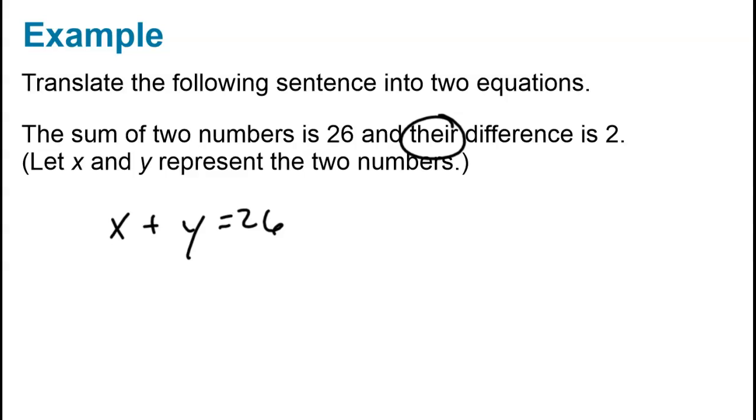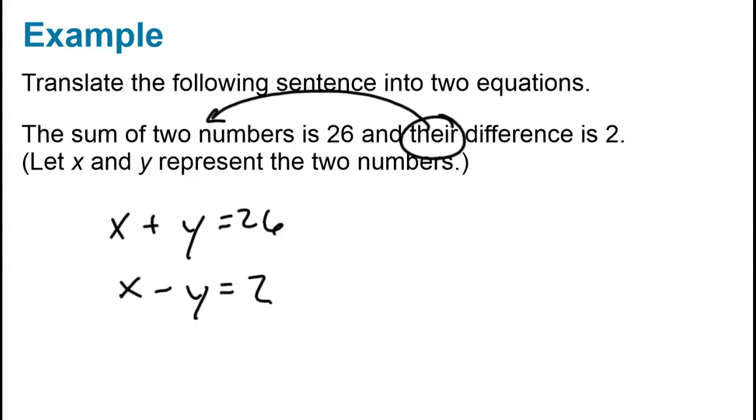There it is referring to x and y, because it says the sum of two numbers, so it's referring back to the two numbers. And so their difference is subtraction, and it equals 2. And so this is our system of equations right here.